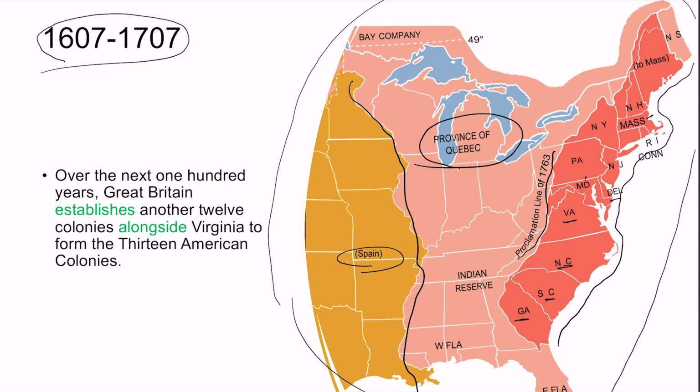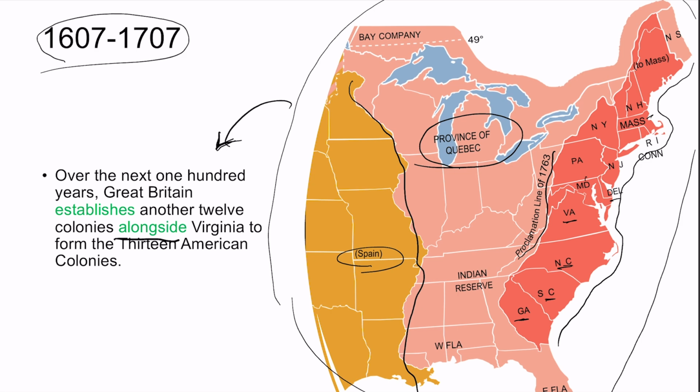And look, our text to the left says the same thing. Let's read this text together. Over the next 100 years, Great Britain establishes another 12 colonies alongside Virginia to form the 13 American colonies.